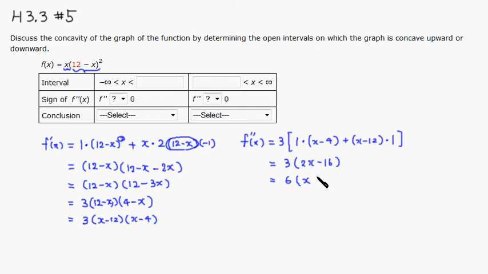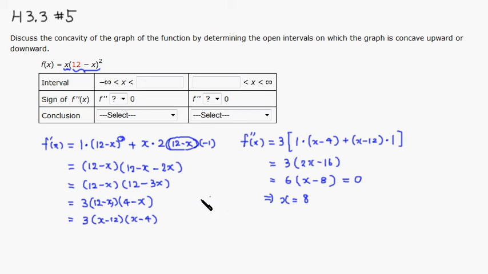So you have x minus 8. Then we can set that equal to 0 to find the x coordinate of the possible inflection point. You can see that x equals 8.